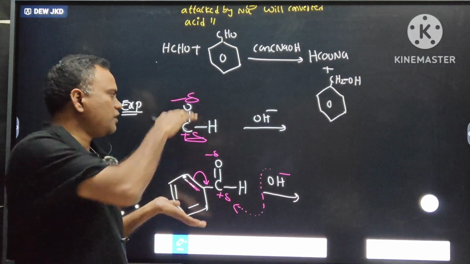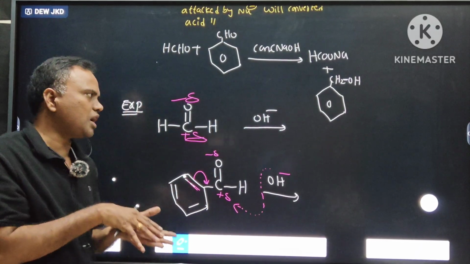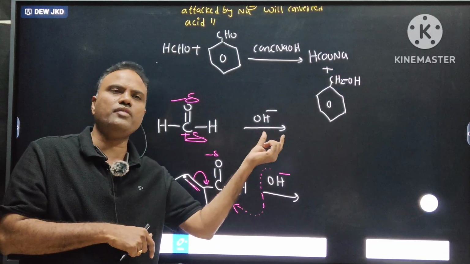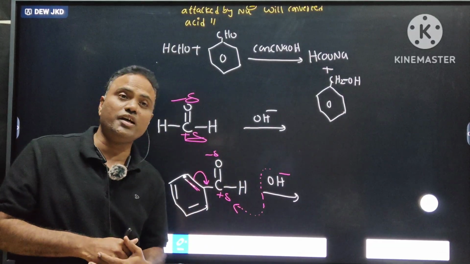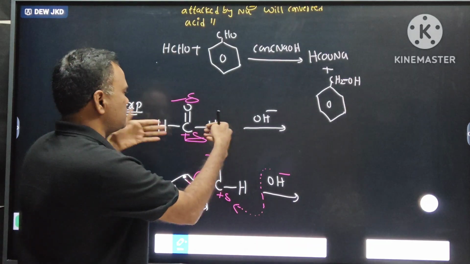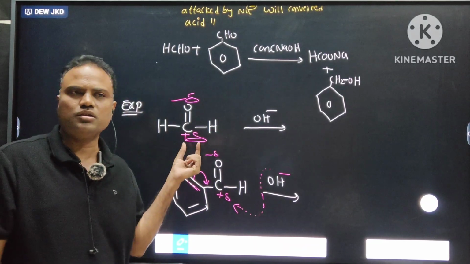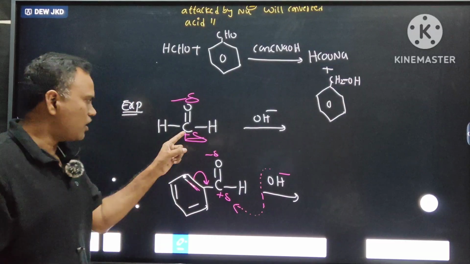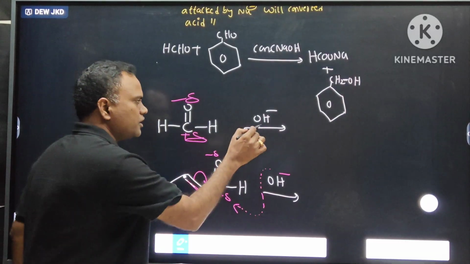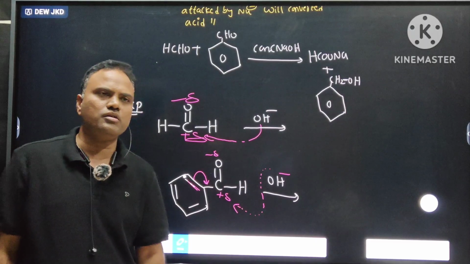So when we take a mixture of formaldehyde and benzaldehyde, which will react with nucleophile fastly? Formaldehyde. Why? In formaldehyde, large positive charge is present. There is no effect like resonance effect or inductive effect to neutralize this positive charge. Clear? The large positive charge is attacked by nucleophile.